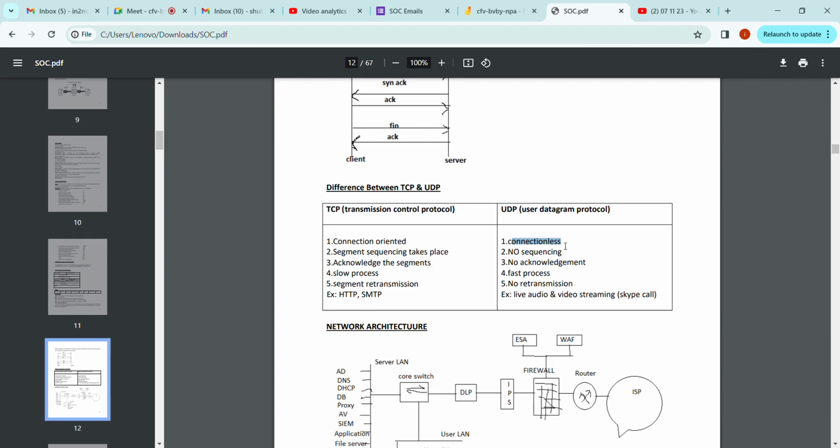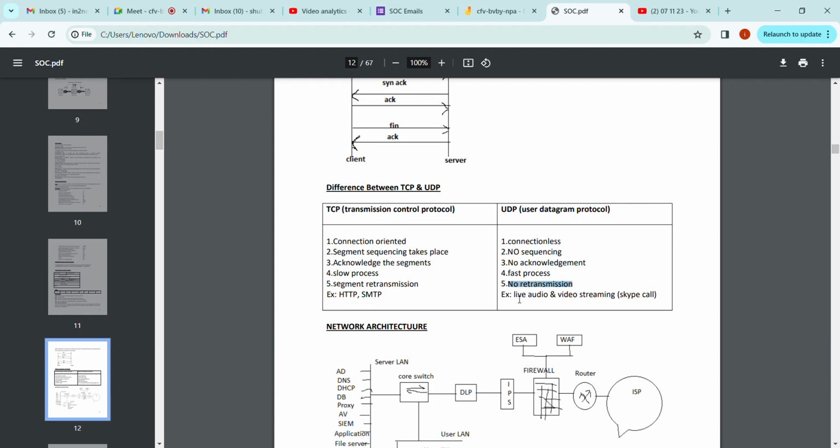They don't have a sequence, it will just broadcast the packets. Whoever is receiving at that moment will get it, and they cannot go back and retrieve the data packets once they are missed out. That doesn't have any acknowledgement, but here we have an acknowledgement. It is fast, and it doesn't confirm any retransmission.